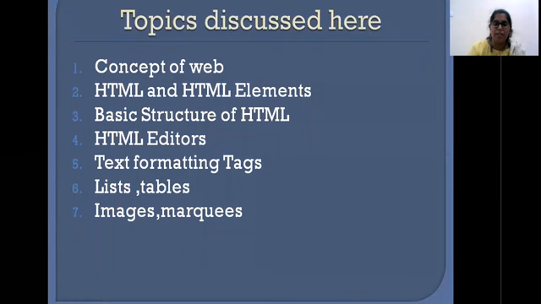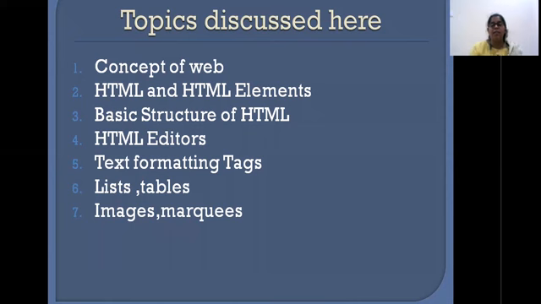Initially, we started with the concept of the web, with the HTTP request and response, and how a client and a server behave. Then we discussed HTML and HTML elements. HTML stands for Hypertext Markup Language, and it has a collection of elements which are called tags. And then we discussed the basic structure of the HTML document.